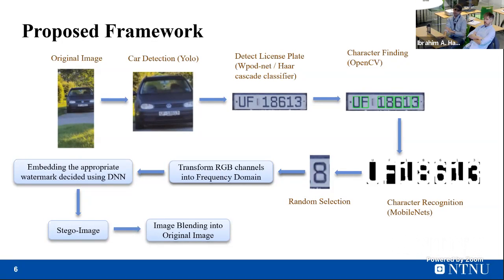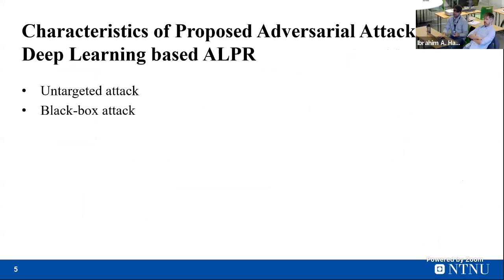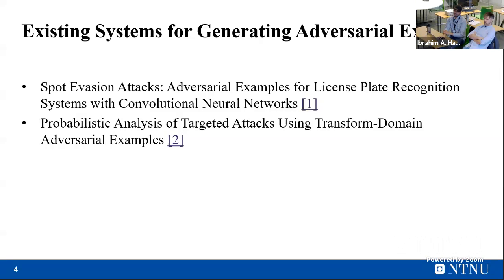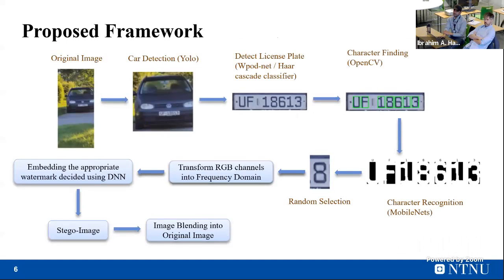And after this, if you see the transform, we are using this method, probabilistic analysis of targeted attacks. We are using the MNIST dataset to do it. But that is binary images, so our target is to transform the RGB into the frequency domain.